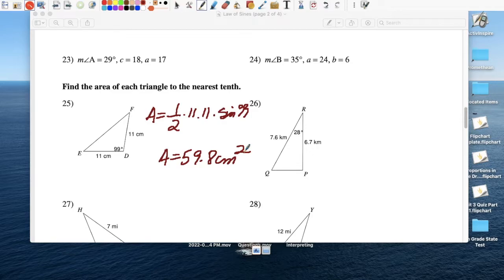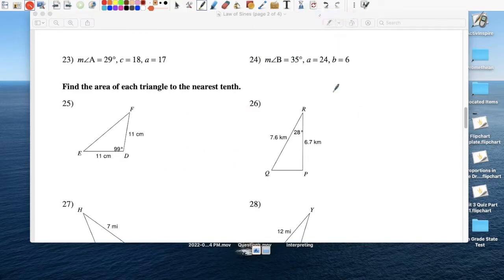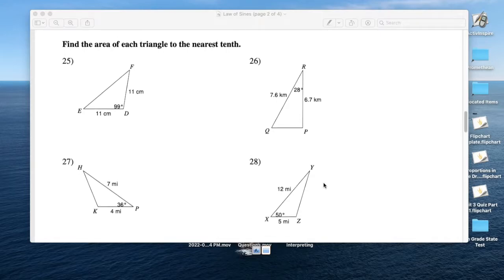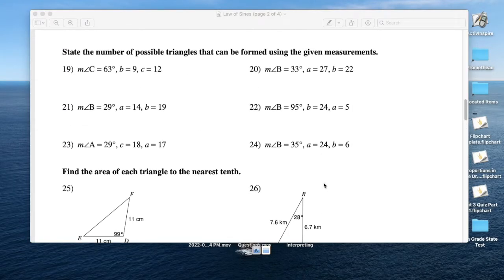Okay, so if there's anything that's actually going to give you trouble, it's drawing these triangles, right? So remember in class, let's go back to 23.